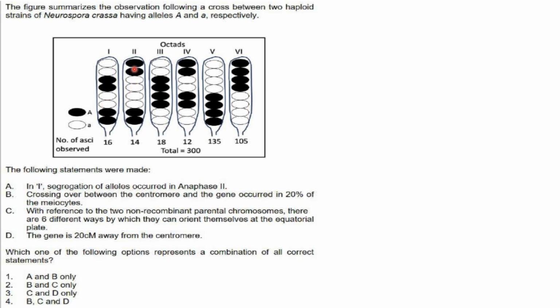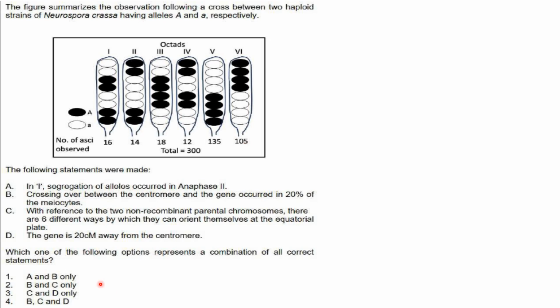Then this one is 2:4:2, again a recombinant, again a second division segregation. Here also 2:4:2, again a second division segregation. This one 2:2:2:2, again a recombinant. But here you see this is 4:4. This one also 4:4, so they are non-recombinants. They are first division segregation.